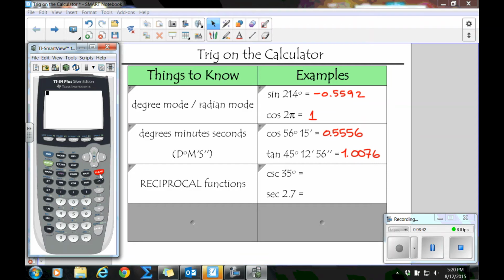Cosecant is the reciprocal of sine. So I would want to first make sure I'm in degree mode. Check. And I'd type in 1 over sine of 35 degrees, using the parentheses that the calculator forces you to use. So 1 divided by sine of 35 degrees. You don't have to put in the degree symbol. You can, but you don't have to since you're in degree mode.